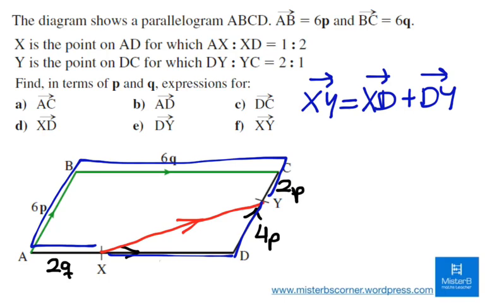It's going to be longer, not harder, but longer. Now, XD, as we know, was 4q, because it's this direction the same, plus, well, DY is this direction, so it's the same. There's no minus change, so it's going to be 4p. So that's what XY is.